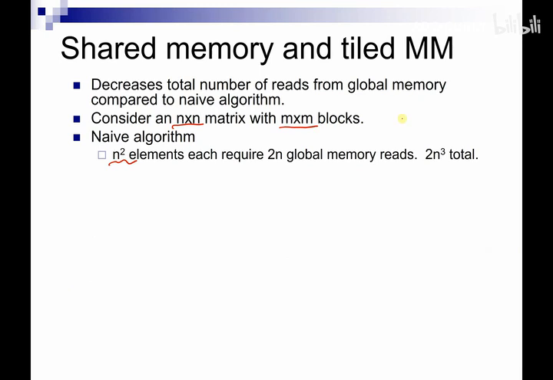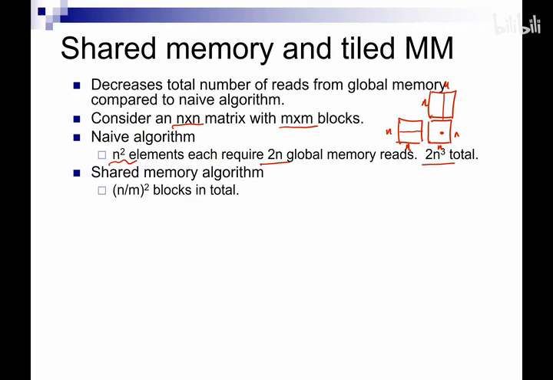Each element of the output needs to read N values from capital M and N values from capital N. That is going to be 2N global memory accesses for each element of output if we use the naive algorithm. So that comes out to 2N cubed global memory accesses.